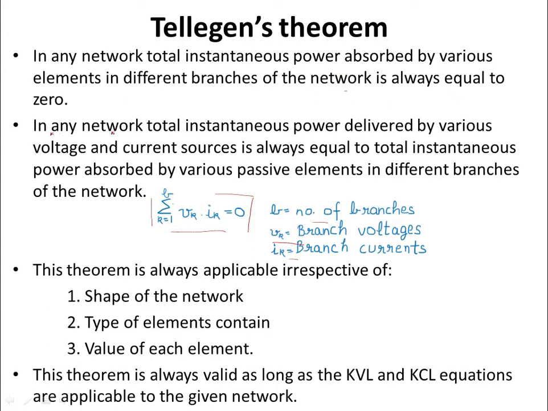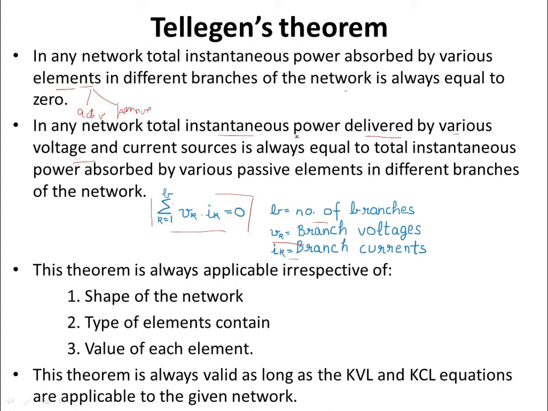In other words, in any network, total instantaneous power delivered by various voltage and current sources. Here it was mentioned elements, but now we have classified them into active and passive.